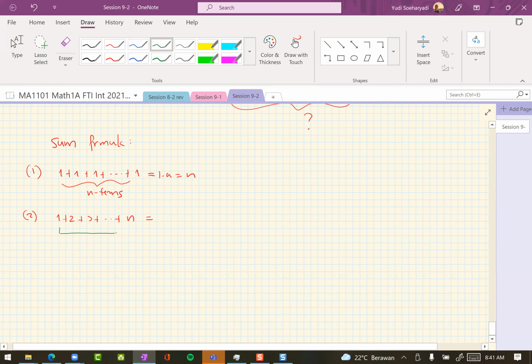If you look at this sum, 1 plus 2 plus dot dot dot n minus 2, n minus 1, and then n.